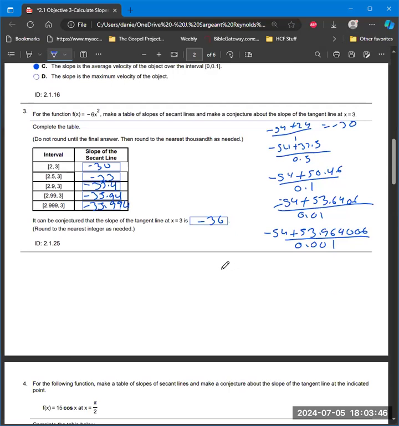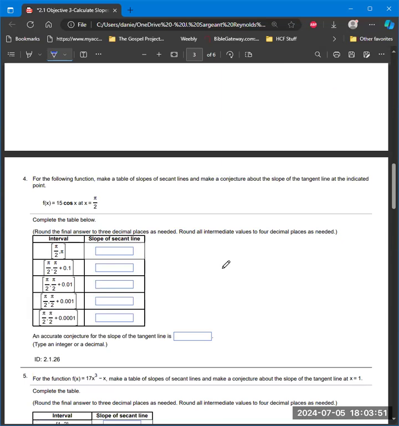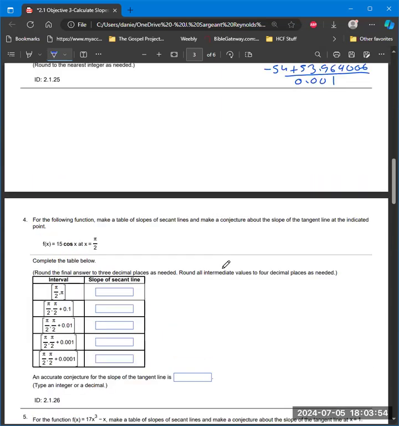We did several of those already. I guess I should do this one with trig though, just to do another trig problem with you. So 15 cosine of x. Remember that x needs to be in radians, so we're going to put in pi over 2 and pi.